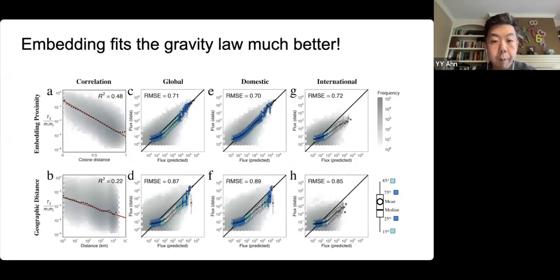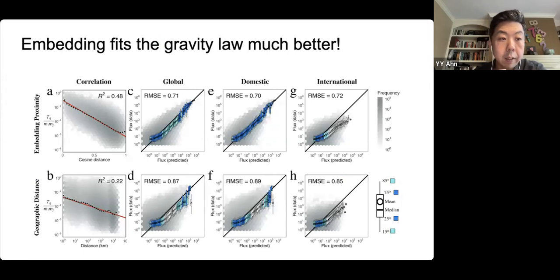So if you compare the predicted flux and the actual flux between two places, look at the bottom row: that's when we use the geographic distance to estimate the predicted flux. It has a lot of errors and doesn't explain a lot of the data.